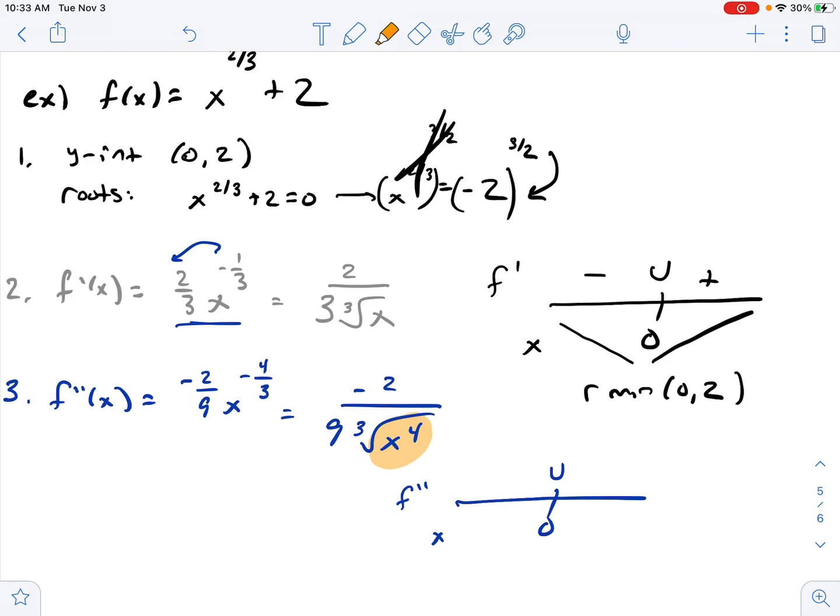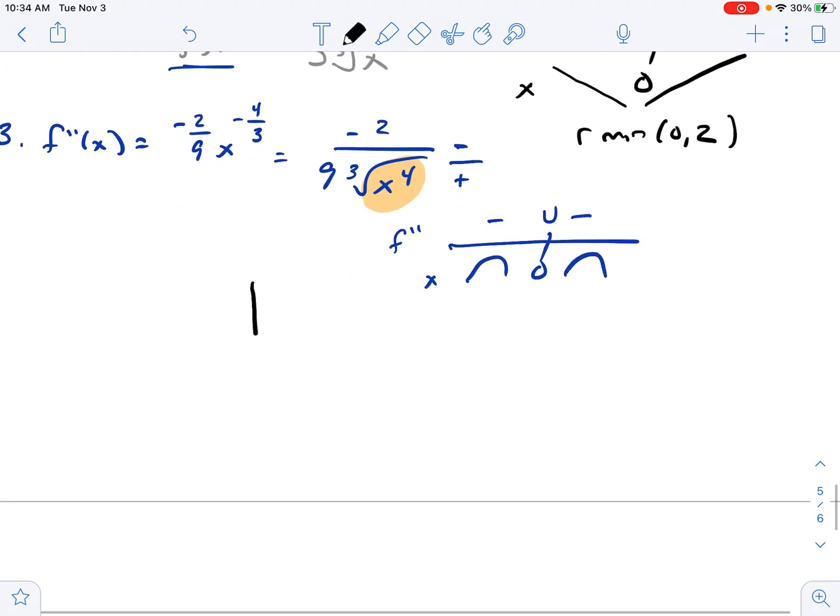And notice ultimately what I'm doing. I'm going to be taking that number x and raising it to the 4th power. So what sign is it going to be always in the denominator? Positive. What sign is the numerator? Negative. This thing's always negative. The function's always concave down. No points of inflection. Okay?